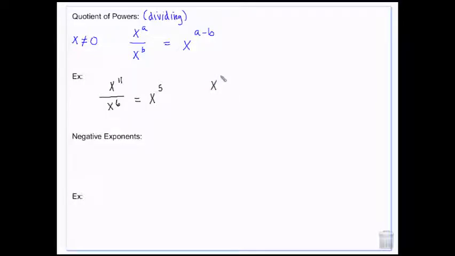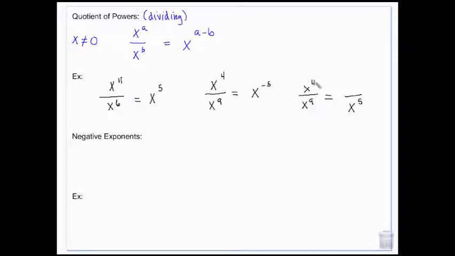If I have x to the 4th over x to the 9th, this is going to be subtraction, so technically it's x to the negative 5th, but we don't do negative exponents, and we'll talk about that in just another second. Or you can look at it as when I do my subtraction, it's like a tug of war, and whoever was bigger wins.